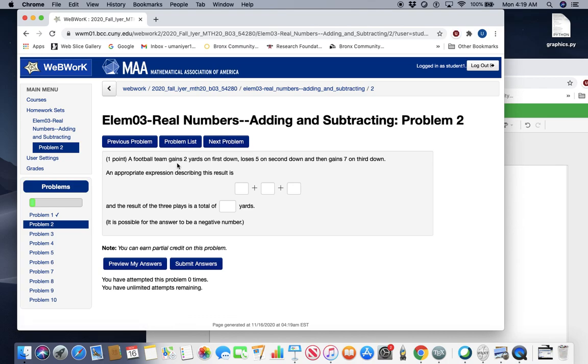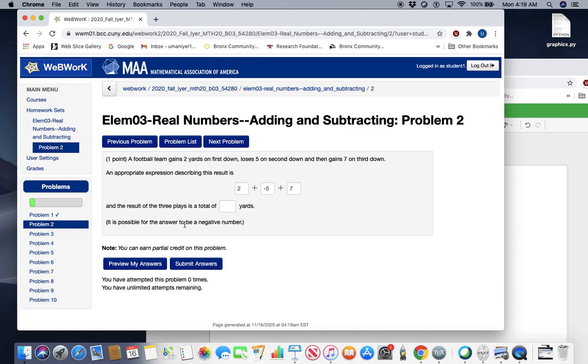A football team gains 2 yards on first down, loses 5 on the second down, and then gains 7 on the third down. So it's a positive 2, that's a gain, and then a loss of 5, and then a gain of 7.